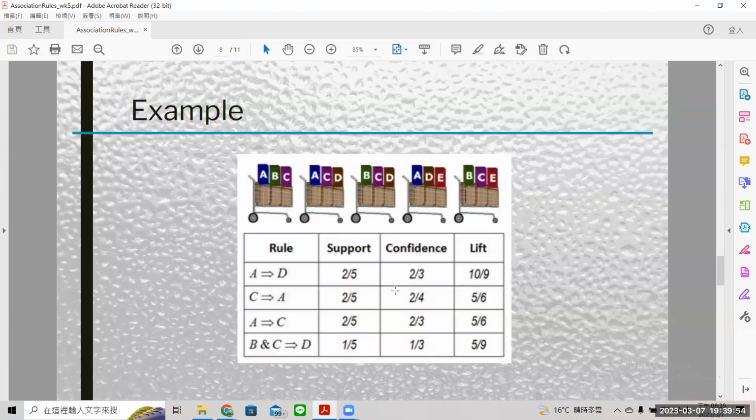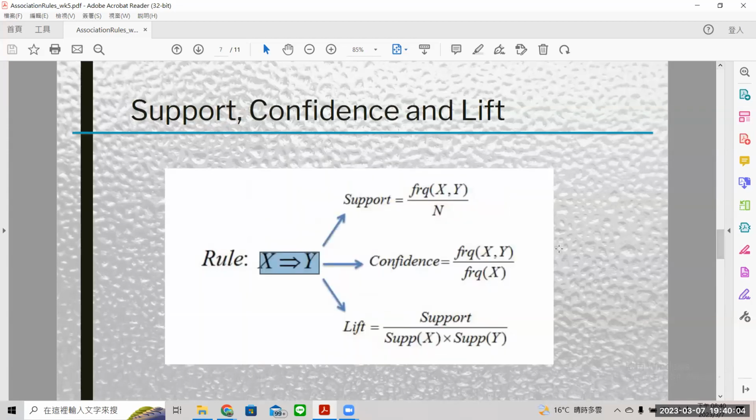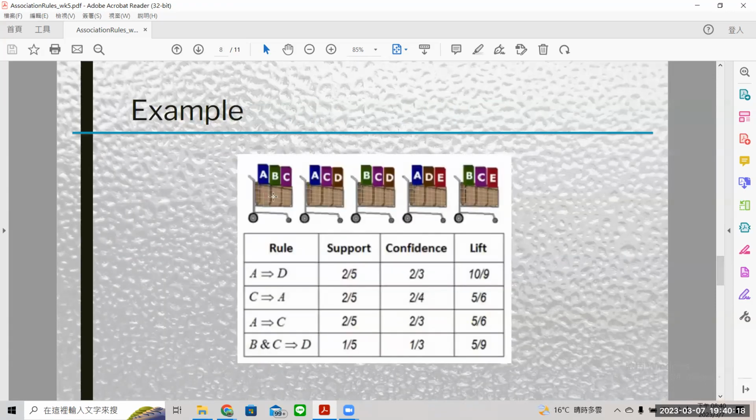Under the X, then we try another one. This one, confidence. Frequency A to D, and must be under the condition of A. And under the condition of A, how many cases do you have? 1, 2, 3, 3, right?